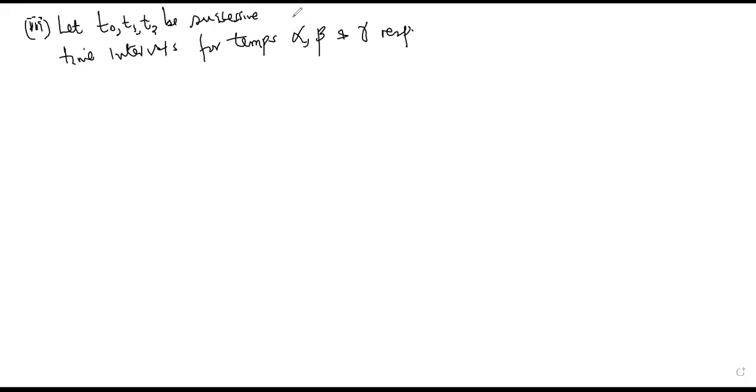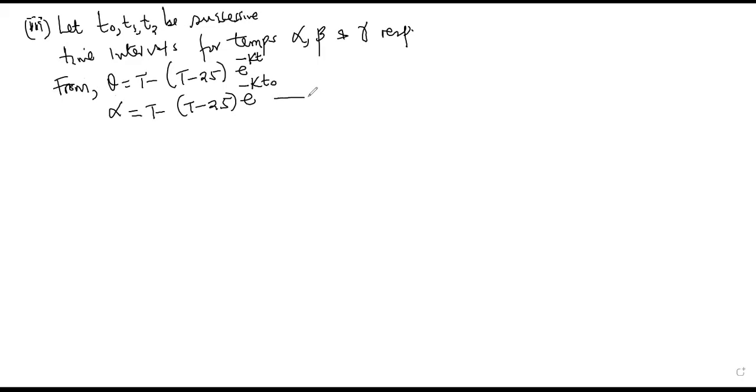So it would imply that theta is T minus 25 e to the power negative kt. When theta is alpha, we shall be having alpha is equal to T minus 25 e to the power negative k t0, equation 1.